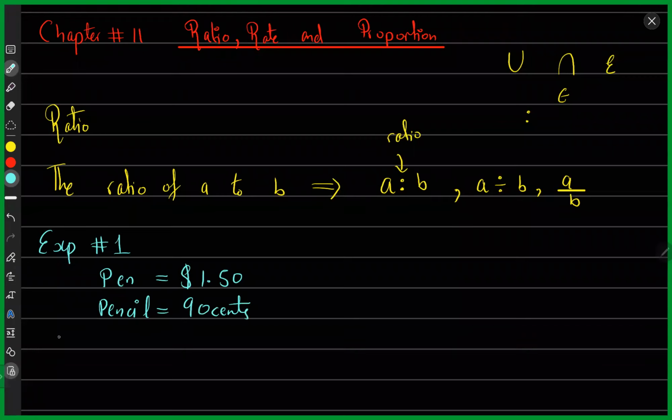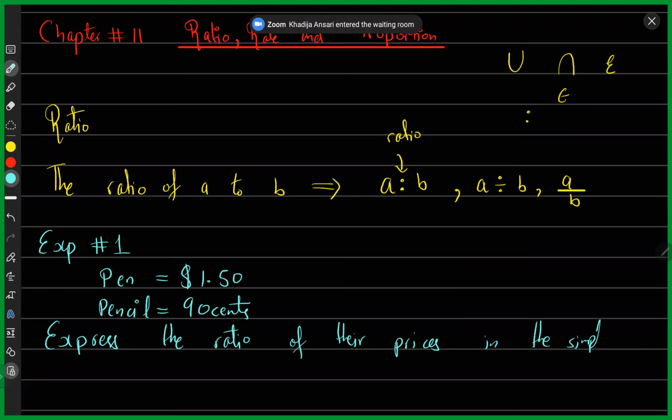The question says, express the ratio of their prices in the simplest form. Okay. This is basically the question.